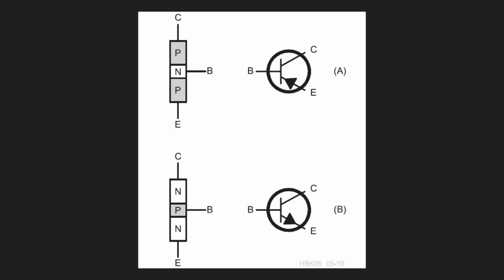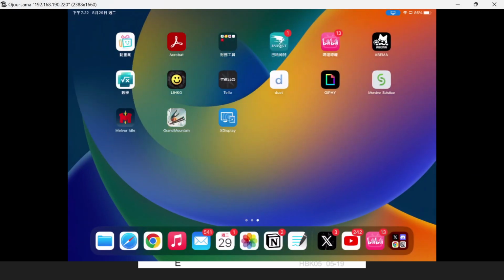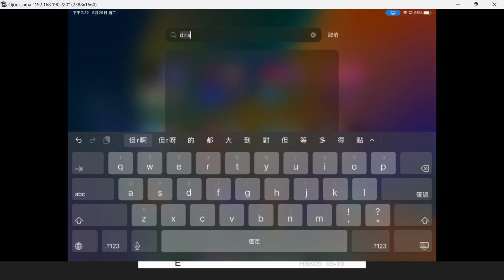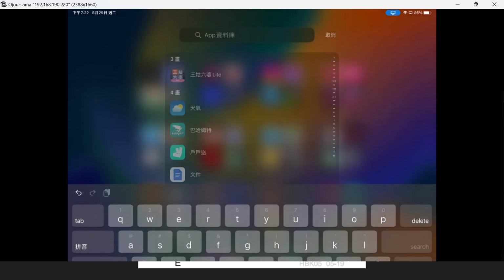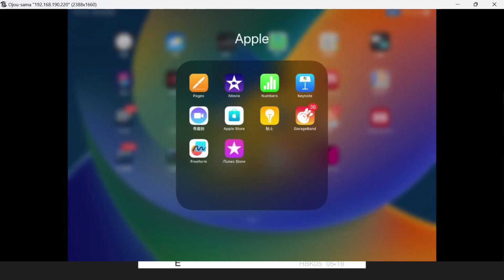Just a minute. I forgot what app I can use to draw. Freeform, yeah.